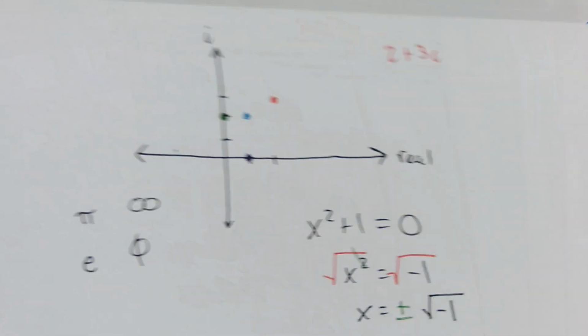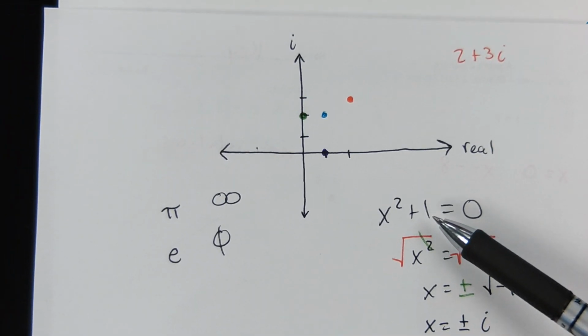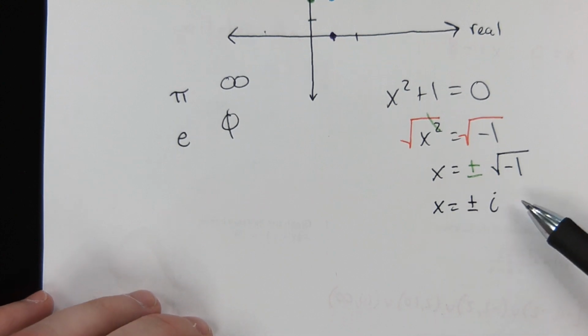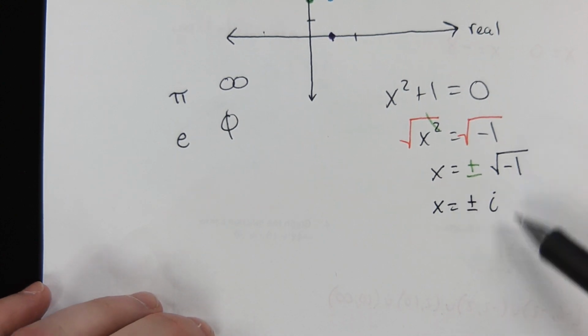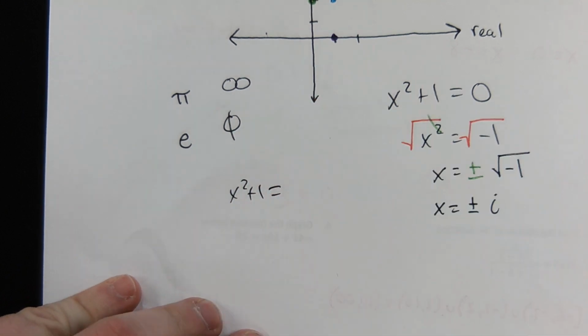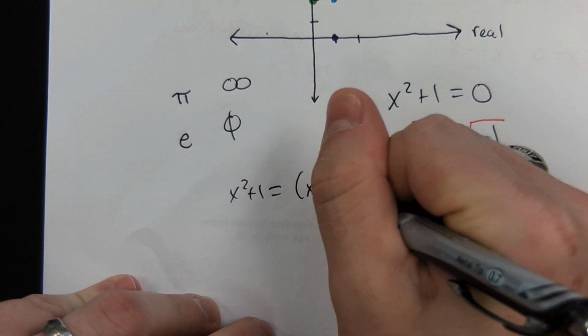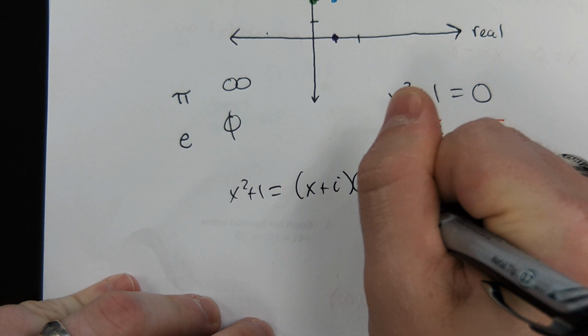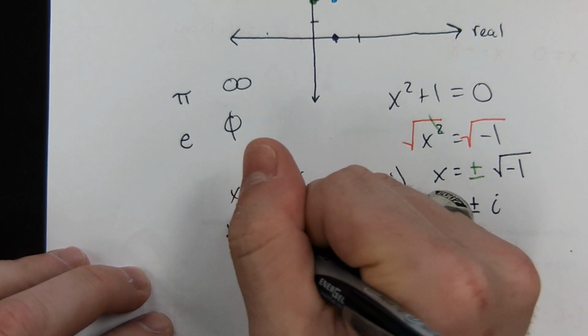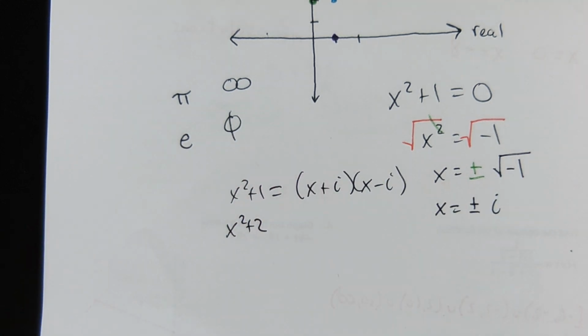And this is how we got my solutions. But if I was just able to get solutions from this, I must be able to factor this. Well, the solutions were right there. So I guess that means that x squared plus 1 factors into x plus i and x minus i. And if we use that logic, x squared plus 2 factors also.